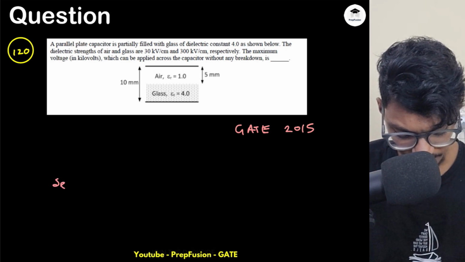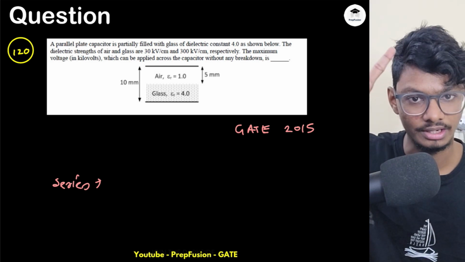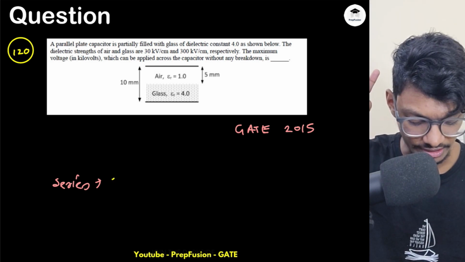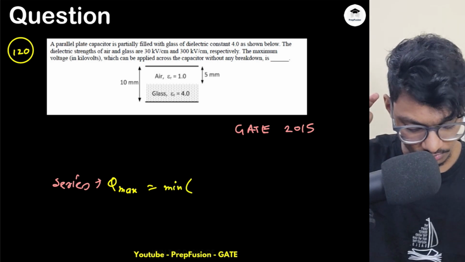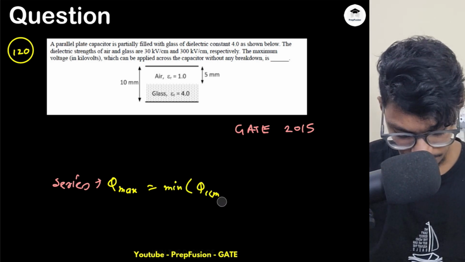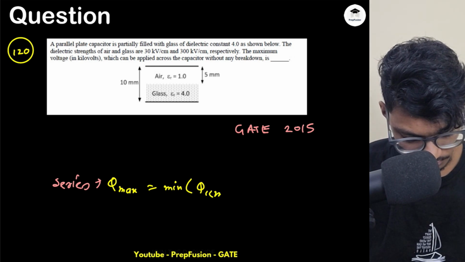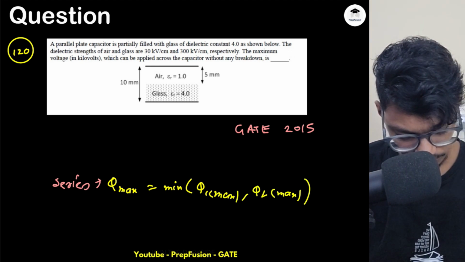So they are in series. For series, what have I told you? Whenever dielectric breakdown terms come, just understand, are they in series or parallel? They are in series. That means you have to identify Q max. Q max will be the minimum of Q1 max and Q2 max. Correct.